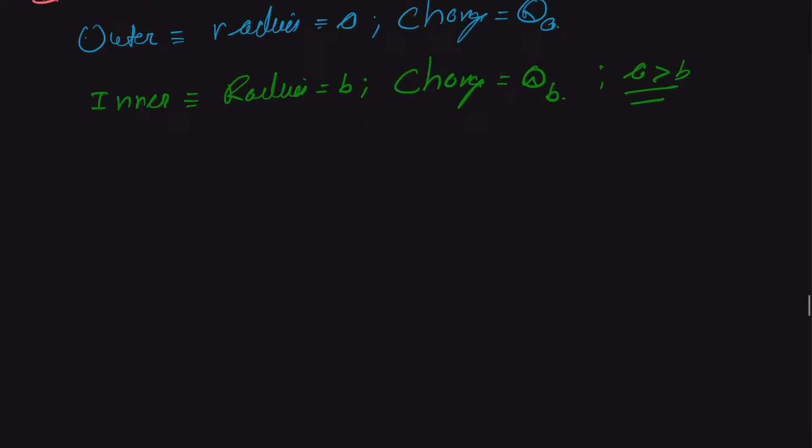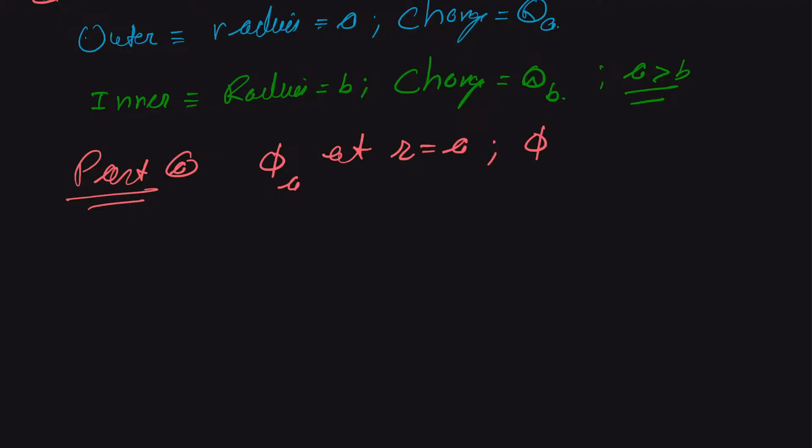Based on the question that is given to us, we have two parts. In part A, we are going to find out the potential on A at r equal to A and the potential on B at r equal to B. Part B is when they are connected with each other, and we come to that part later.